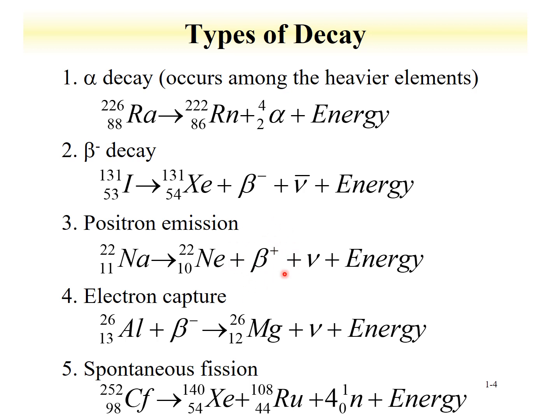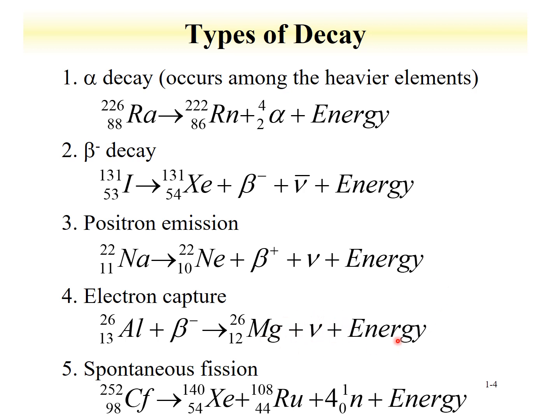A positron, which is the anti-particle of an electron, so it's the antimatter particle of an electron, and a neutrino are produced along with energy. Electron capture, where an isotope will capture one of its orbital electrons. It will use that, it will convert a proton into a neutron, so move down the periodic table, gives off a neutrino and energy.